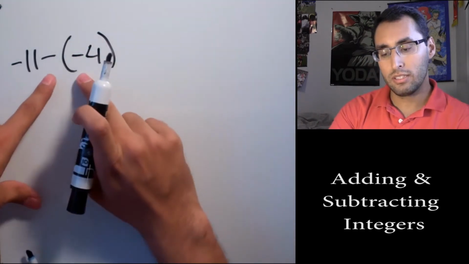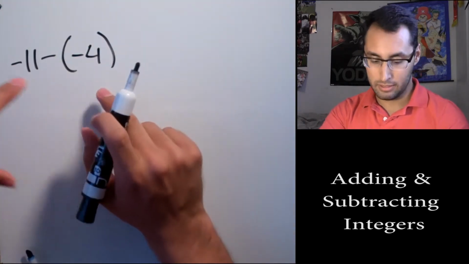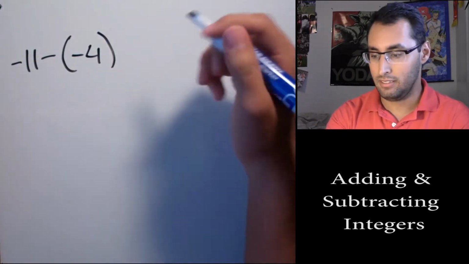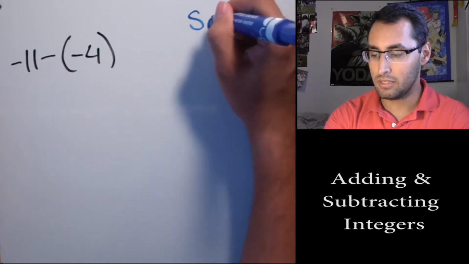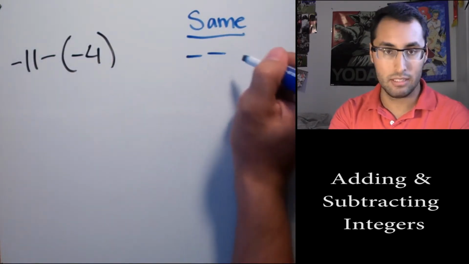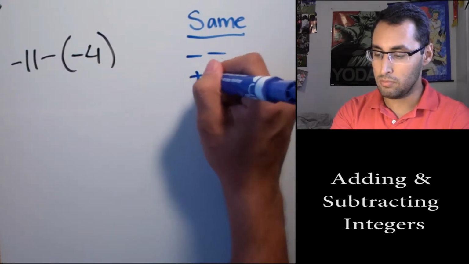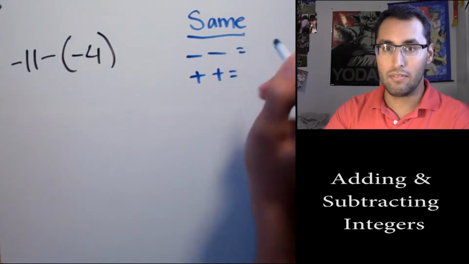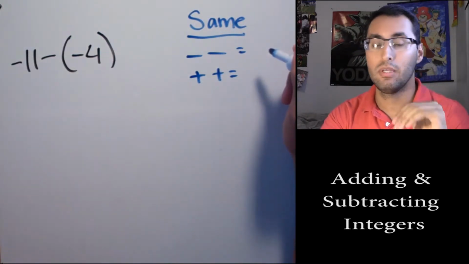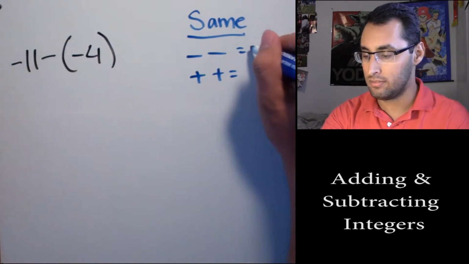So let's do something off to the side to explain this. Well, a hint is this. If you ever have the same signs that are consecutive, meaning that you have minus minus, or plus plus, if they're ever the same, they're always 100% of the time going to be a positive.